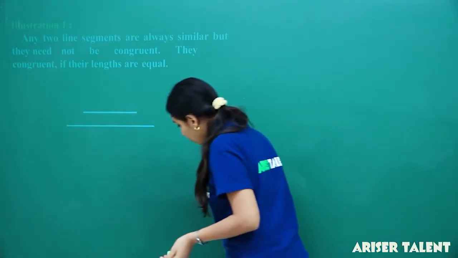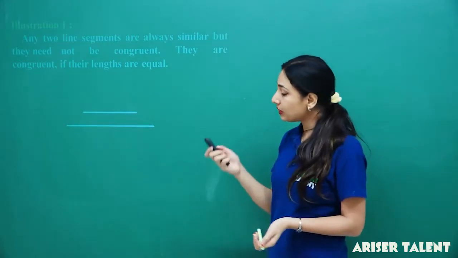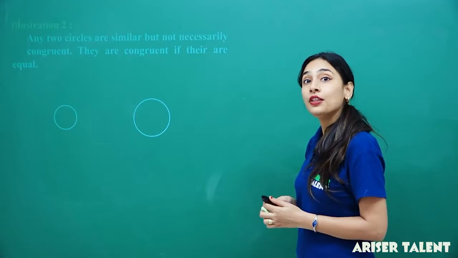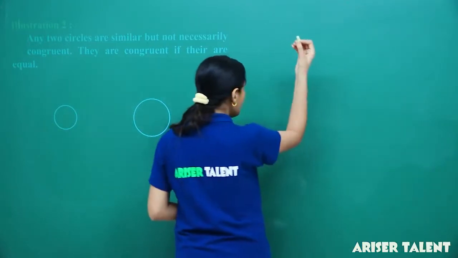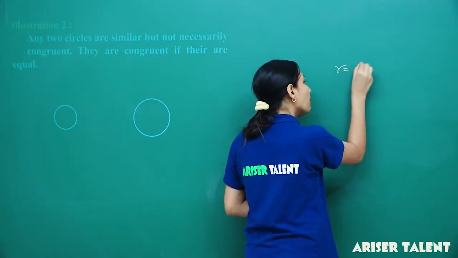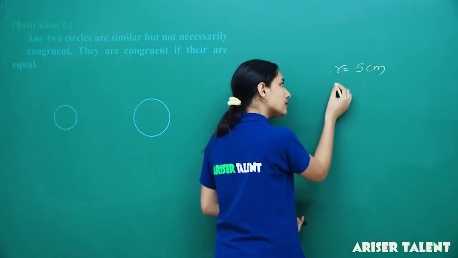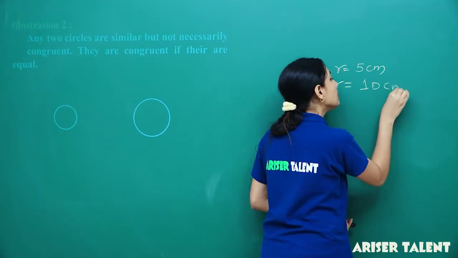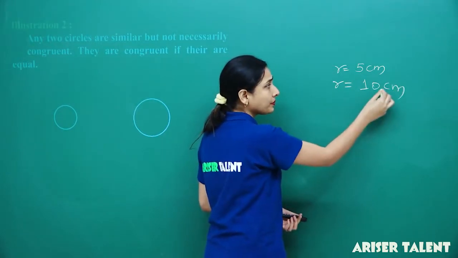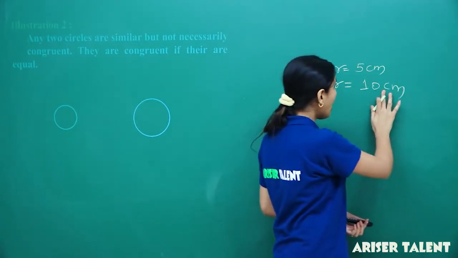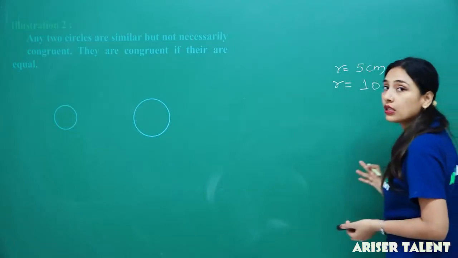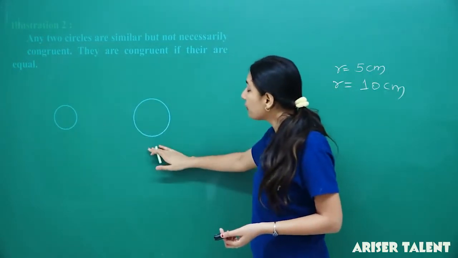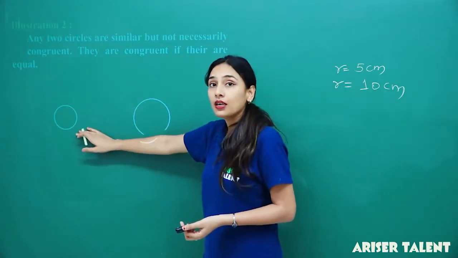So, moving to the next part, students. Circles. Now, I have a circle of radius 5 centimeters and a circle of radius 10 centimeters. If I take any two circles, look at those two figures. They are similar.